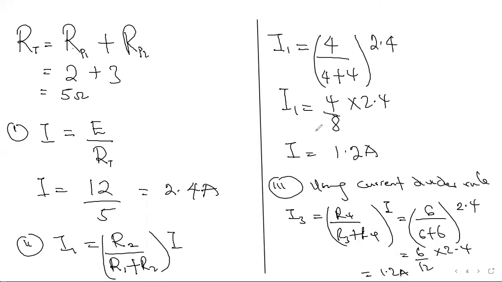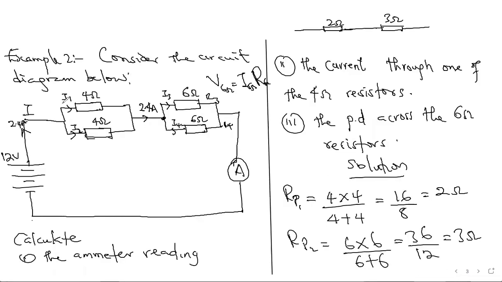There's another way you can calculate this current, I1. You can first determine the PD across this arm. If I call this V1, because it's going to be the same for these two, and this V2, then if I use the voltage divider, I can combine these two resistances, remember I combined them here, so I can get the voltage V1.